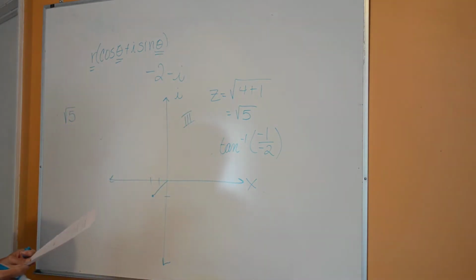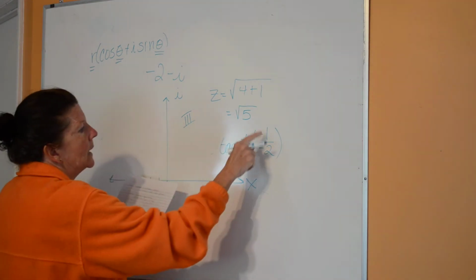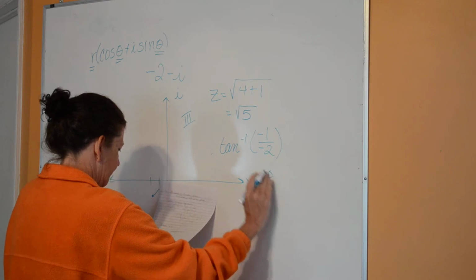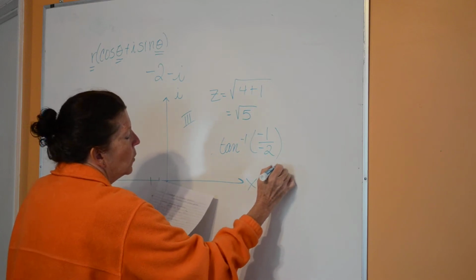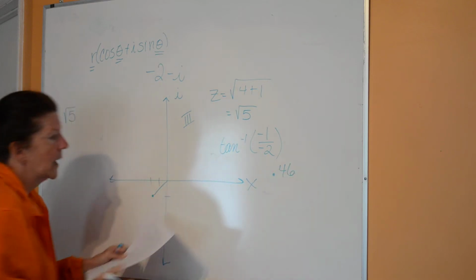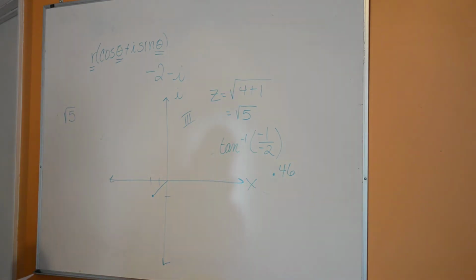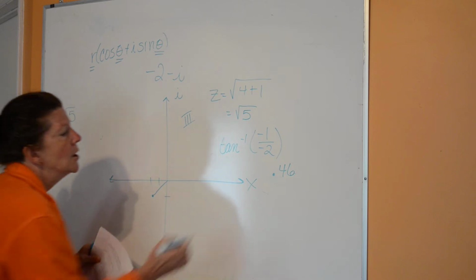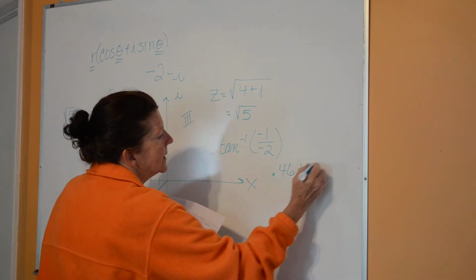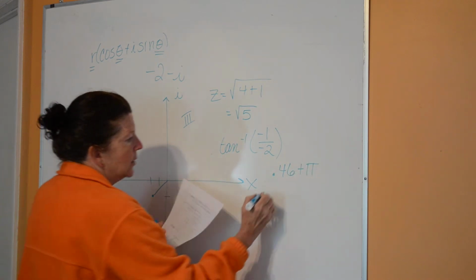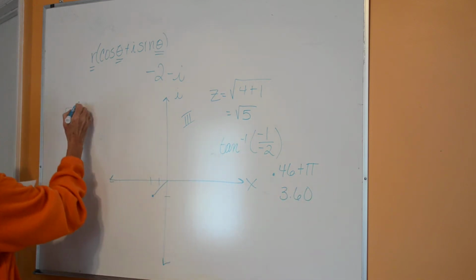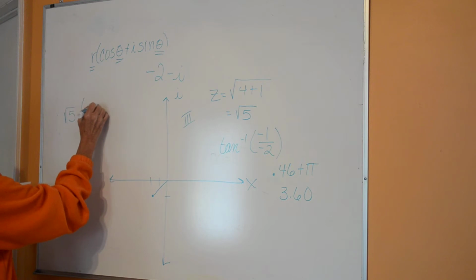So when I do the inverse tangent of that, and I'm going to have it in radians, I get 0.46, okay? 0.46 is not in the third quadrant, it's in the first quadrant. So I would have to add pi to that, giving me a value of 3.60.